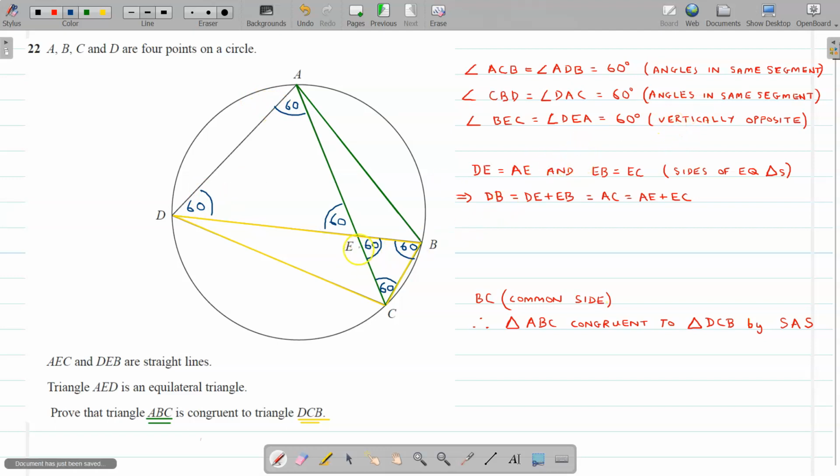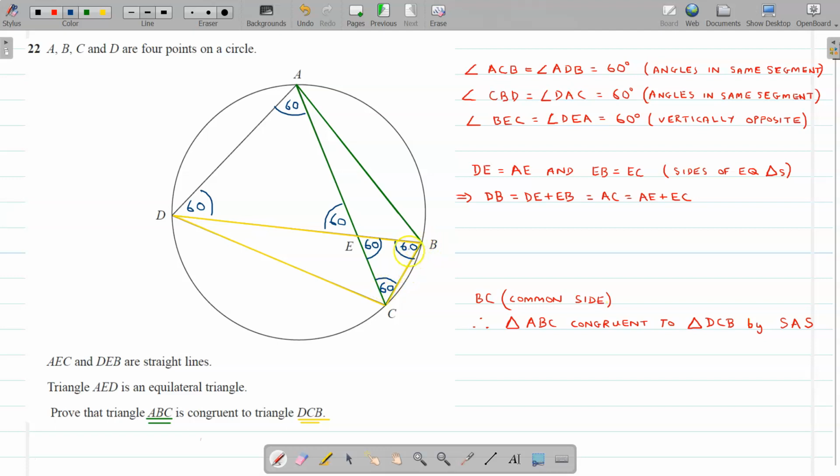I've then looked at side lengths, and I've noticed that both the triangles I've got to compare have a common side of BC. So I've got a common side. I've got an angle here that's the same in both triangles, that one and that one.